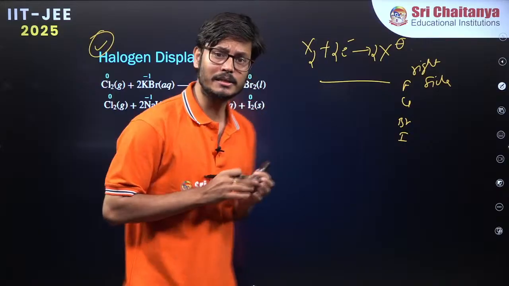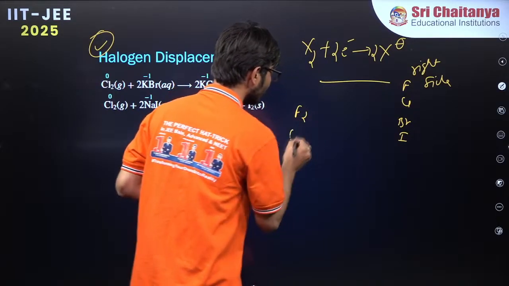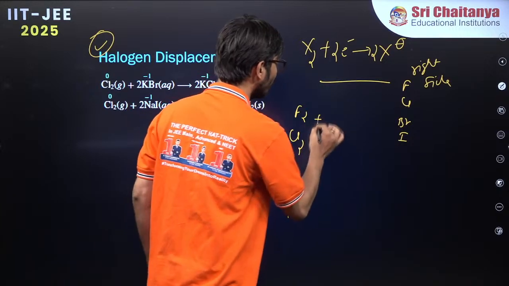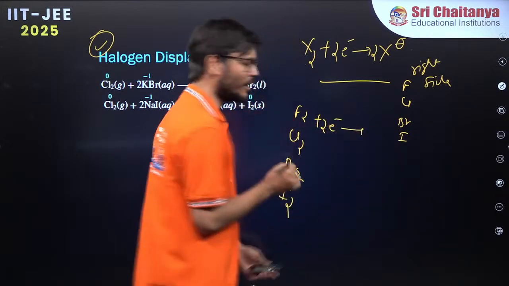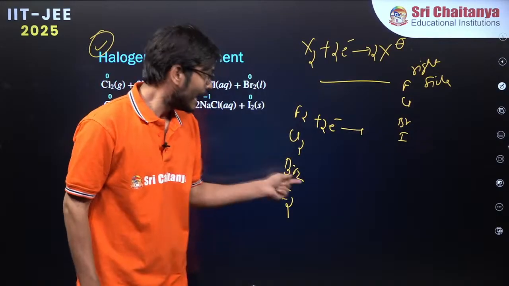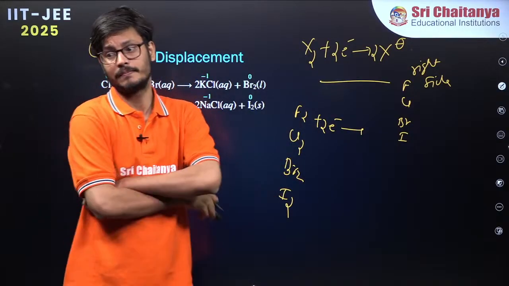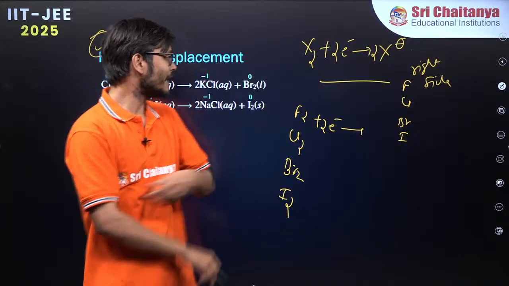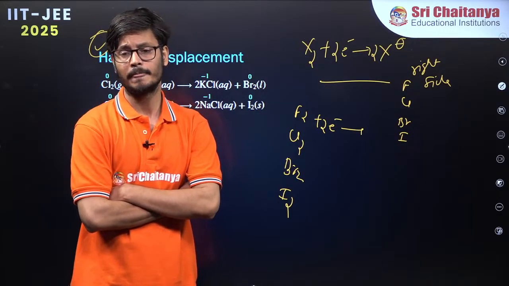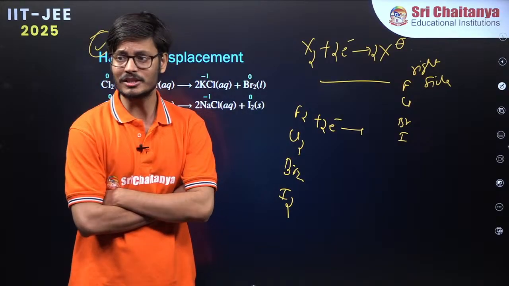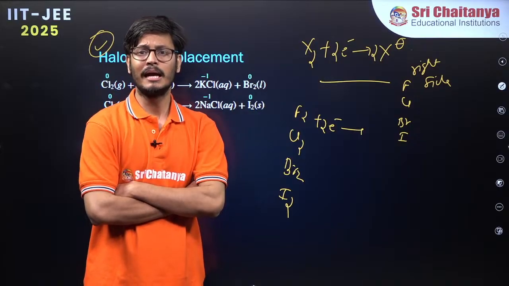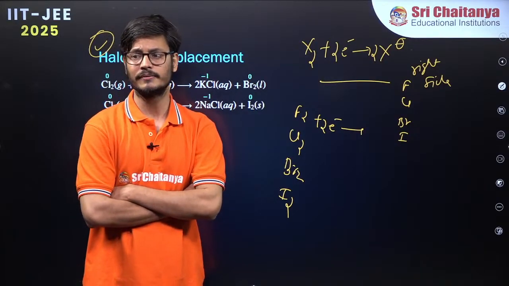Now, if I ask you, beta ji, in F2, Cl2, Br2, I2, as we go top to bottom in the periodic table, does electronegativity increase or decrease?